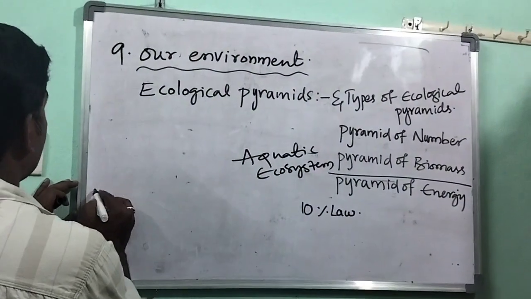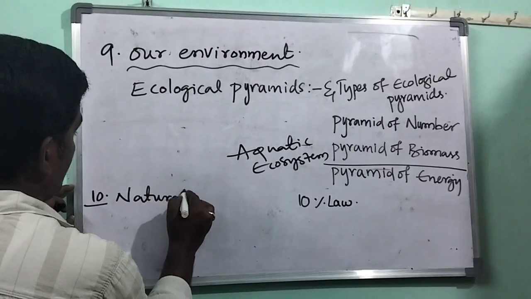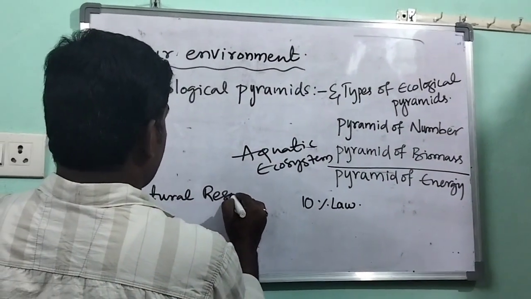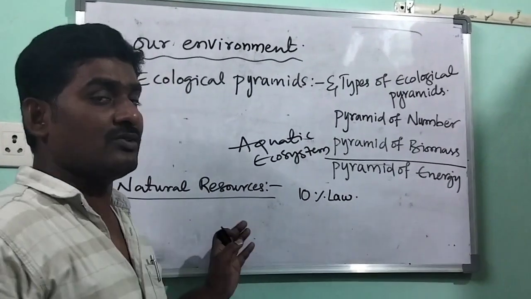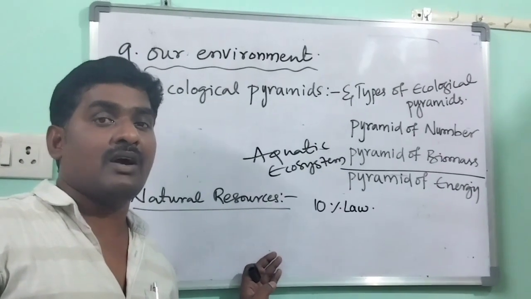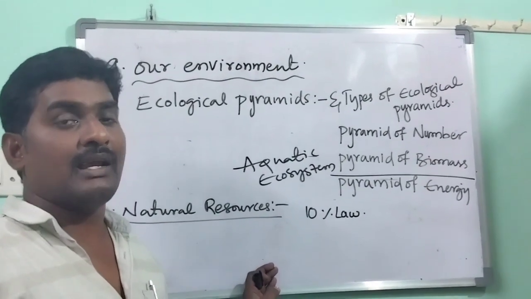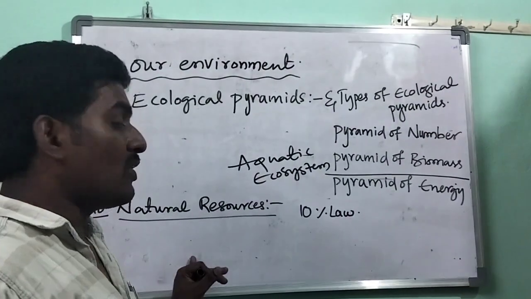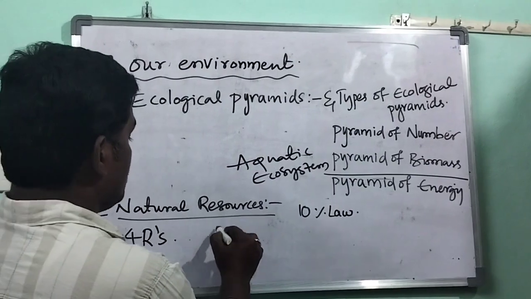Next, the 10th chapter, natural resources. Very easy questions. What is meant by natural resources? How do we have to conserve them? Like forest: what are the conservation methods of forest, soil and water? Next, the 4R model. What is 4Rs?